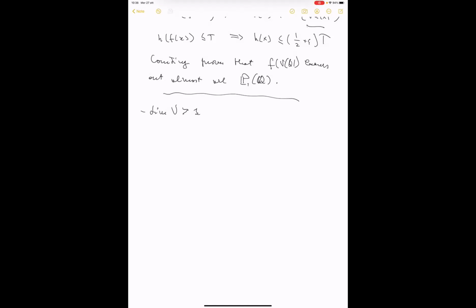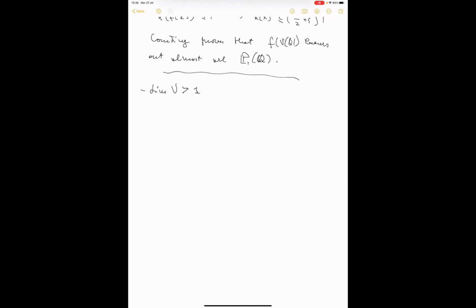So if the dimension is greater than 1, again, taking a variety defined as a hypersurface, we are asking for which t in Q this is solvable in Q to the r.